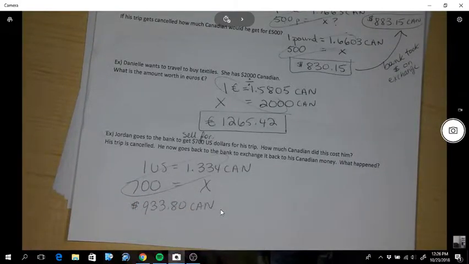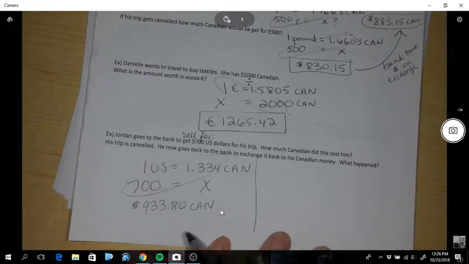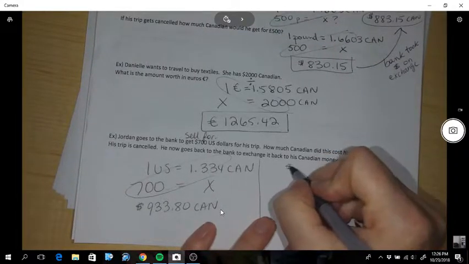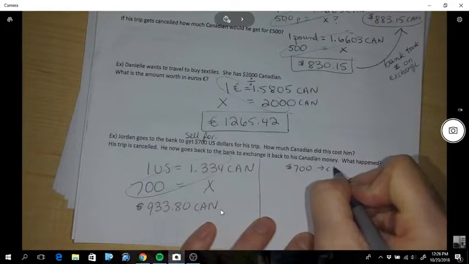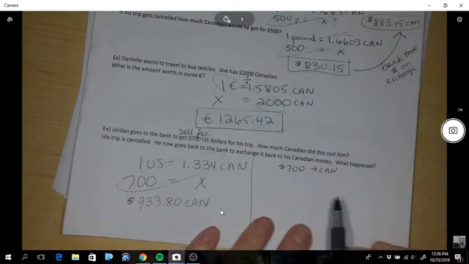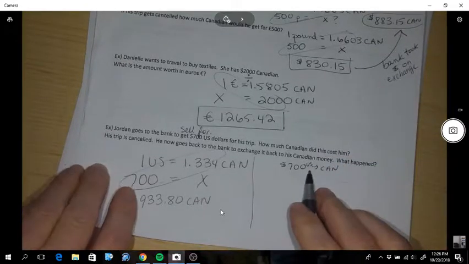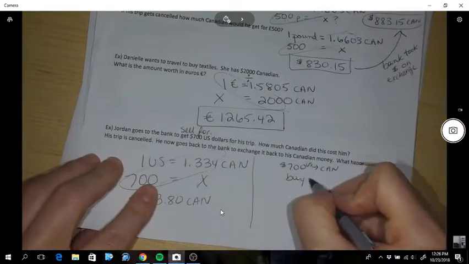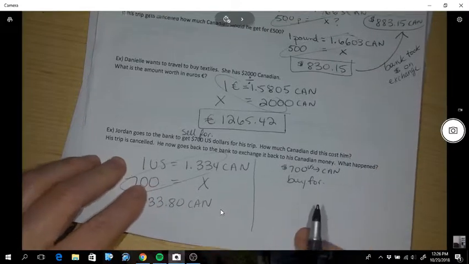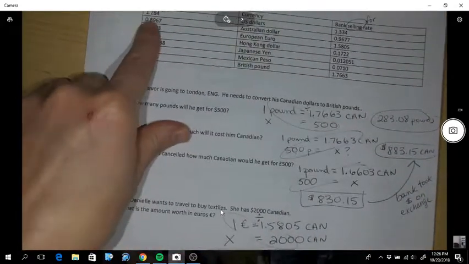Now his trip gets canceled and he goes back to the bank and he wants to get his Canadian money back. So now what does he have in his pocket? He has his 700 US and he wants his Canadian money back. So the bank is going to buy his foreign money. So we got to go here.